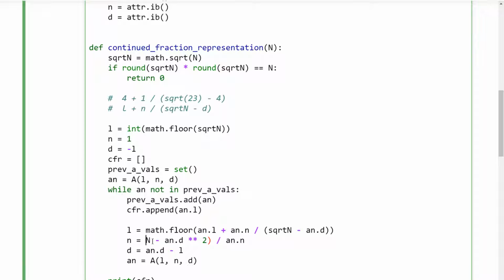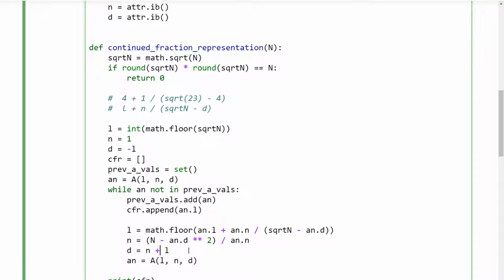And then we have here L times the calculated N, and that L multiplied by N minus AN.D. Multiplied, yes.